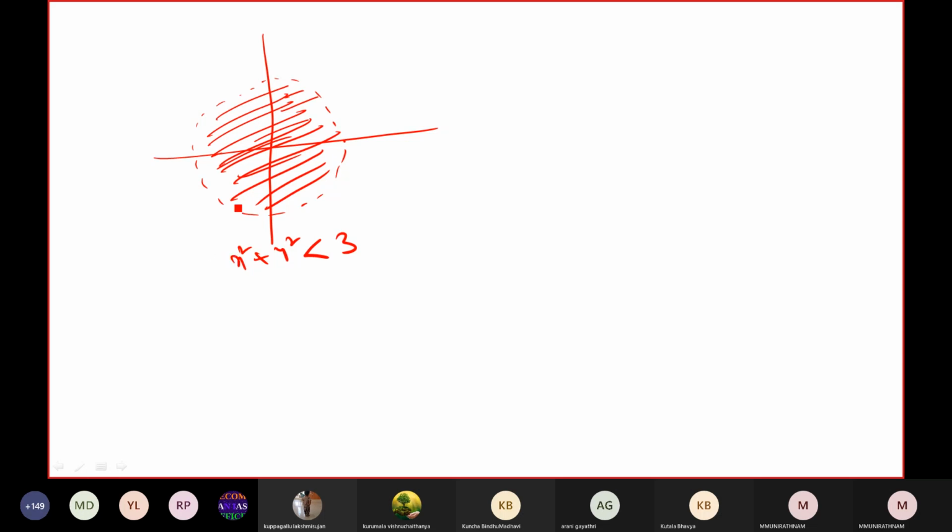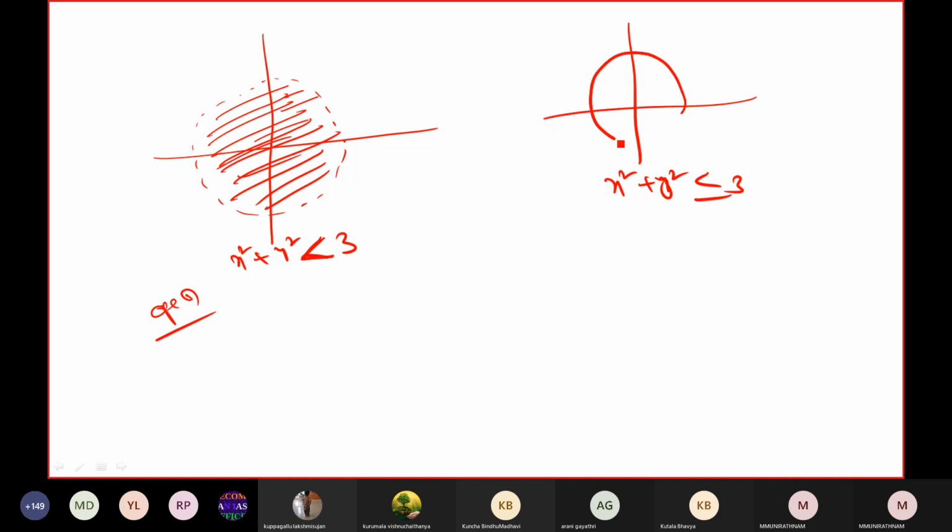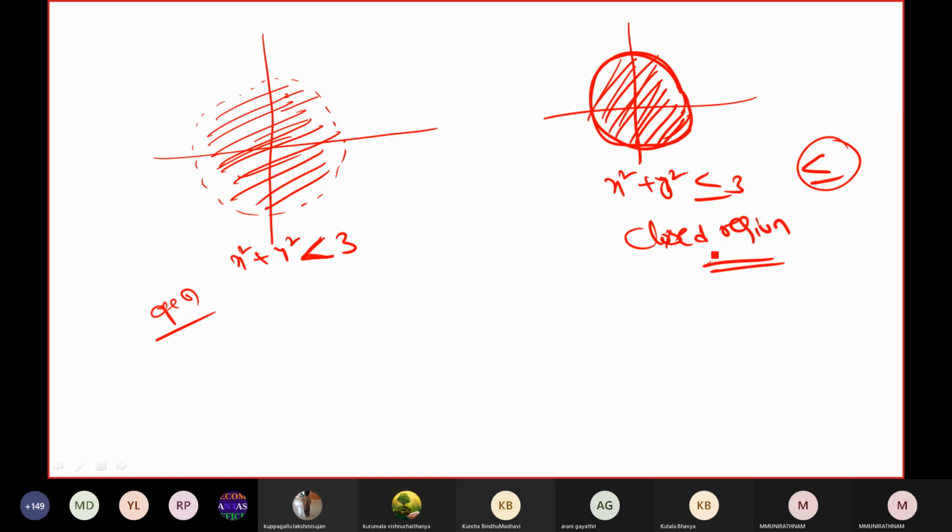This is called an open region, because strictly less than is open. If it is x square plus y square less than or equal to 3, the boundary points are also included. That is called a closed region.